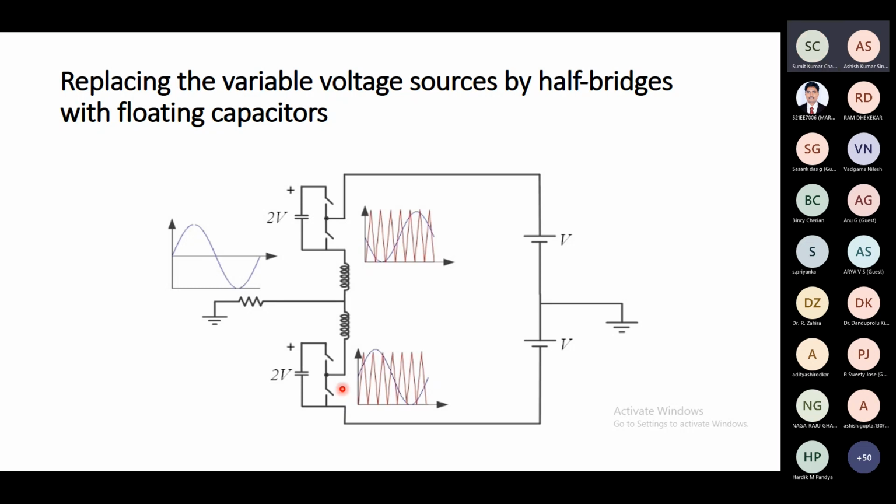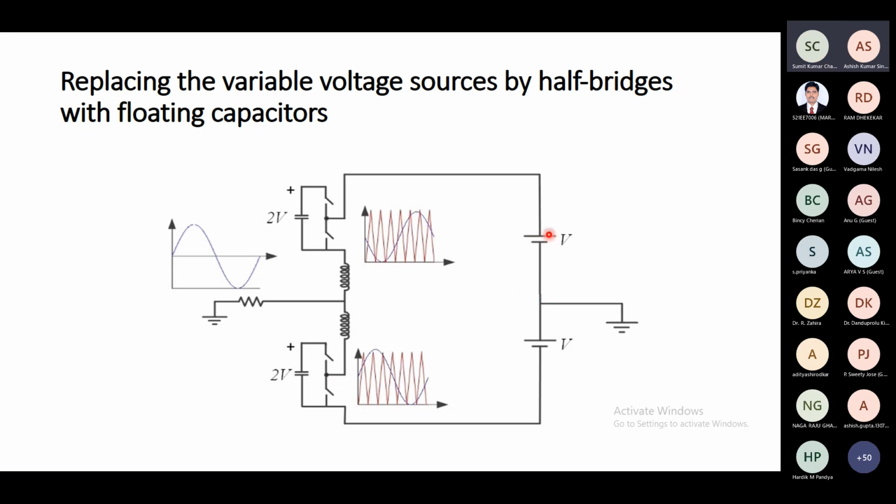Earlier, when it was an ideal switch, either this was in the circuit or that was, here 2V, here 0. But now these two capacitors are discharging, and the voltage is deviating from 2V, to less than 2V.